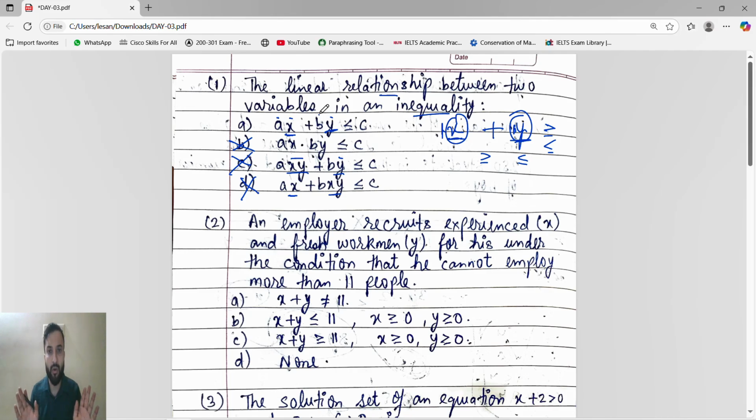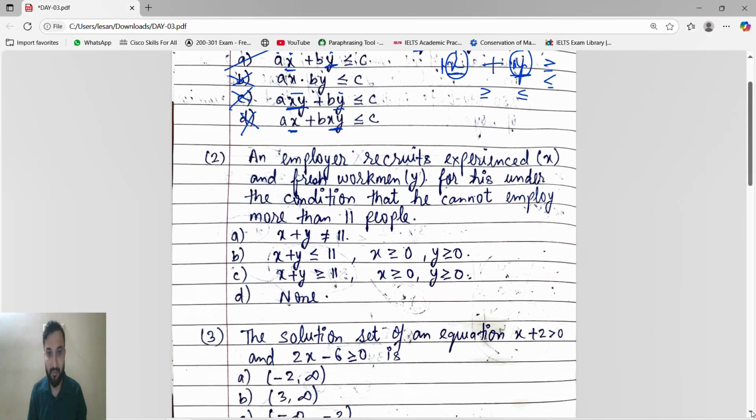Any coefficient can be there, but it should not be like xy plus y or x plus xy. Two variables will not be together, either x plus y or x minus y. So the answer is option A, because option A is ax plus by, and this symbol indicates the inequality.